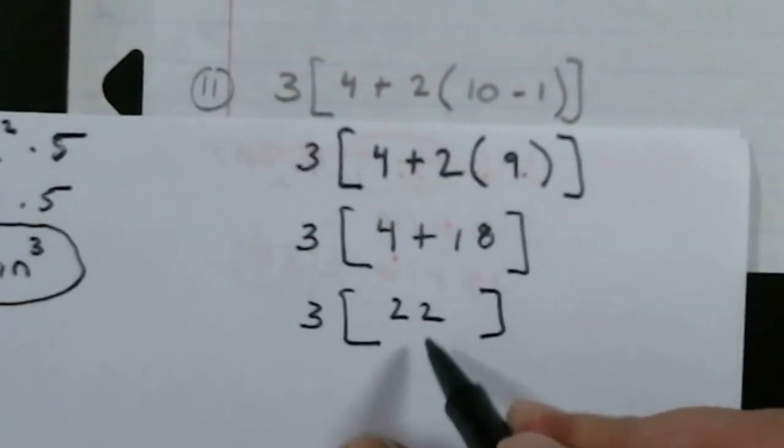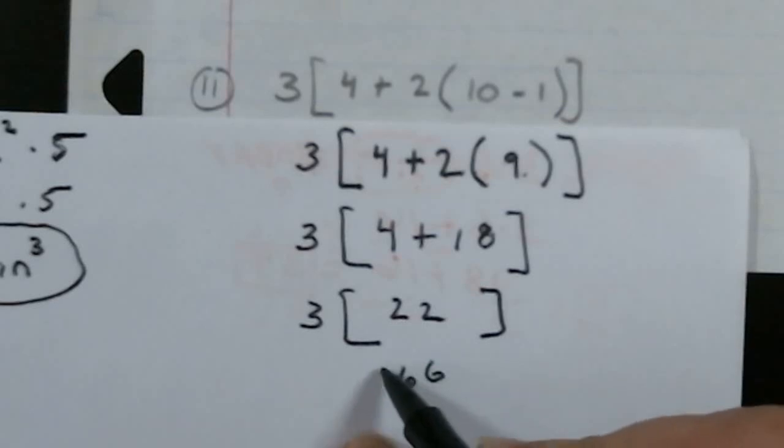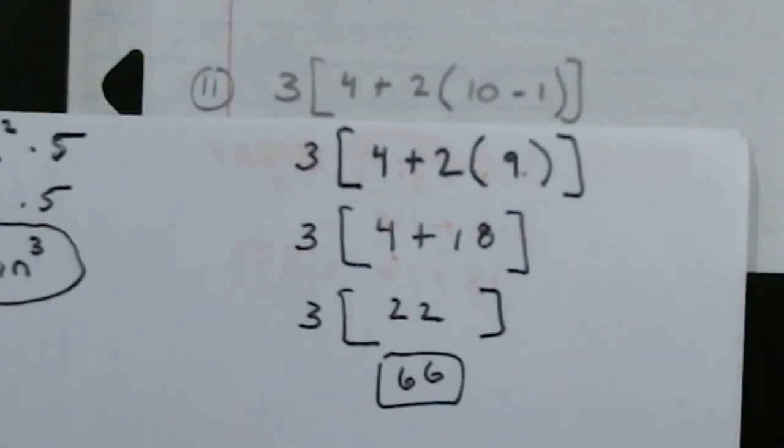So that should be 3 times 22 is 66, and that's your answer. Okay, so I want you to understand that this is a lot of thinking process. When I say thinking process, it's the order that you do it.